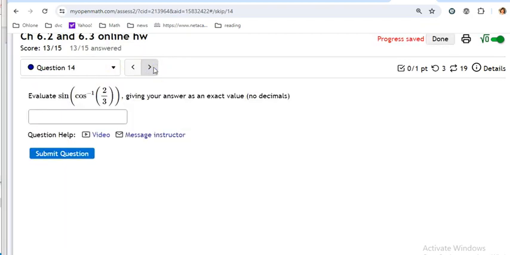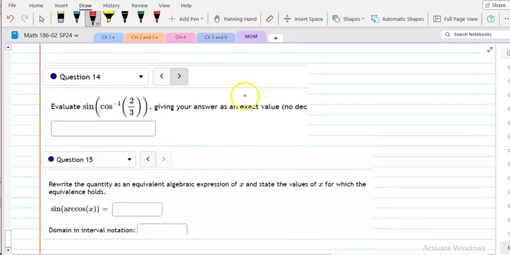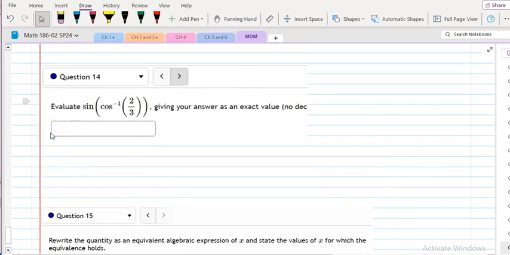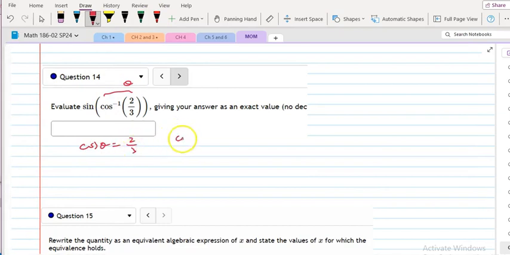Okay. Number 14, it is a composition of different trig and inverse trig functions, so we need to use a right triangle to do it. We temporarily assume that this is an angle, we just didn't solve for it. Cosine of this angle is 2/3 because theta is cosine inverse 2/3.